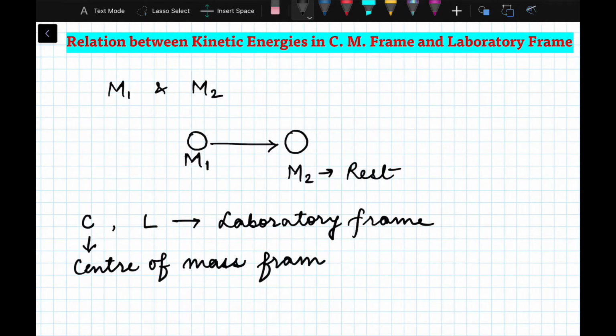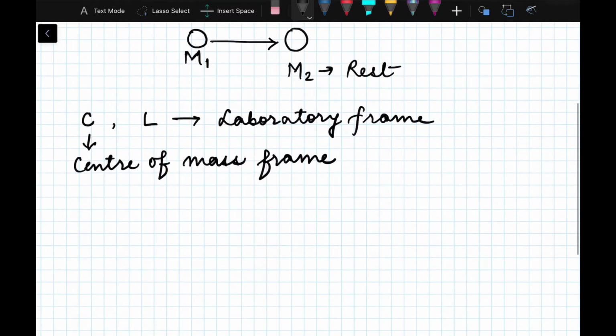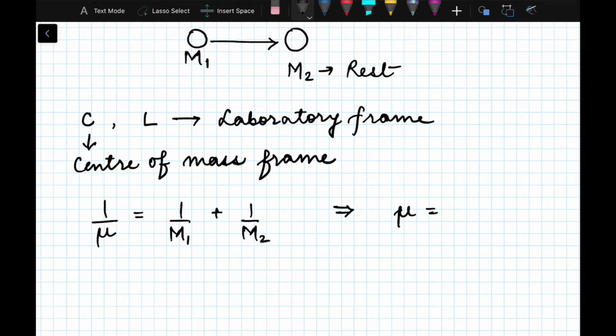In the center of mass frame, we deal with the reduced mass, which is defined as 1 upon mu is equal to 1 upon m1 plus 1 upon m2, which implies that mu will be equal to m1 m2 divided by m1 plus m2.